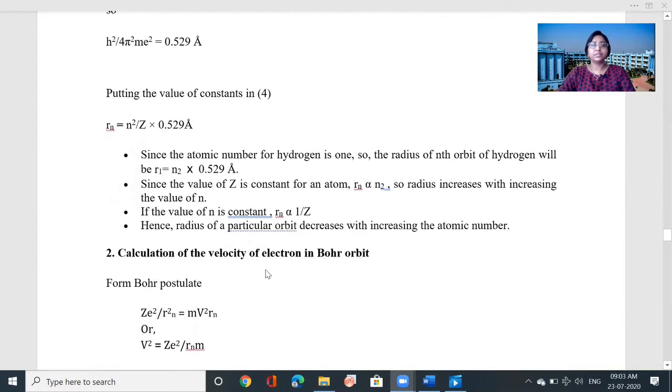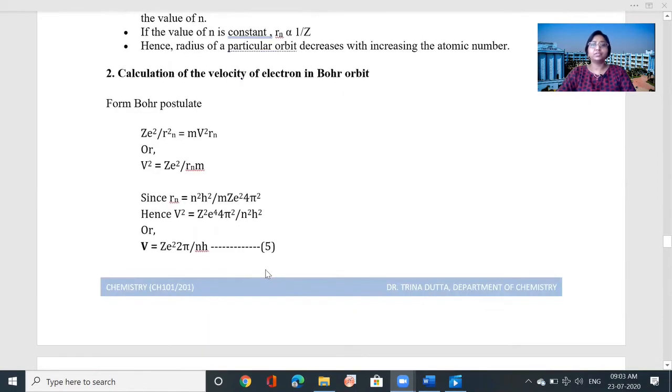Next calculation is the velocity of the electron in Bohr's orbit. So here we know that Ze squared by Rn squared is equal to mv squared by Rn. We got it before.